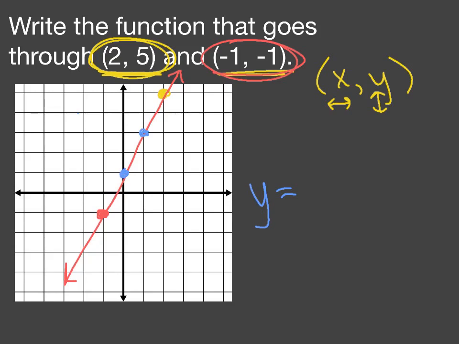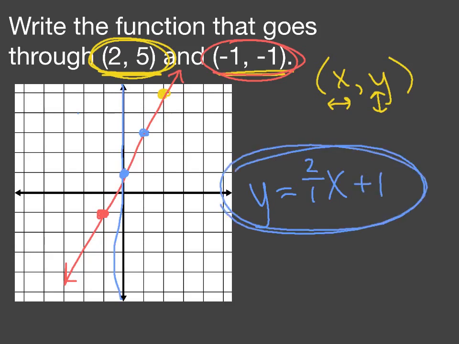Even though the description did not give me these 2 blue points, I can see that my line goes through those points, so I'm going to add them. So the slope of this function is up 2 over 1. And then my y-intercept of this function, here's my y-axis, and it crosses at +1. So there is my function, y equals 2 over 1x plus 1.